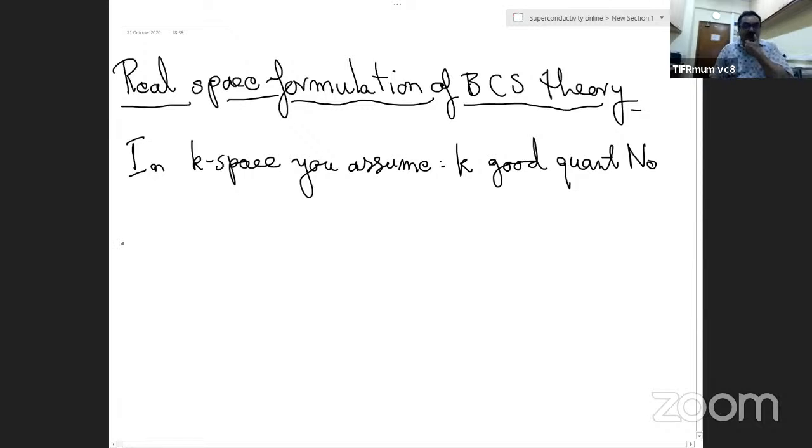Now, when is K a good quantum number? K is a good quantum number when you have a perfect translational invariance.